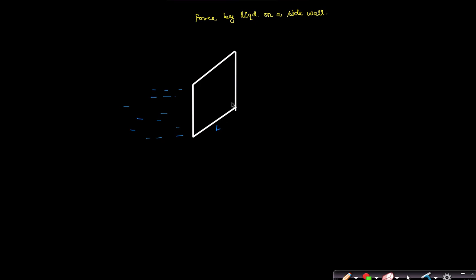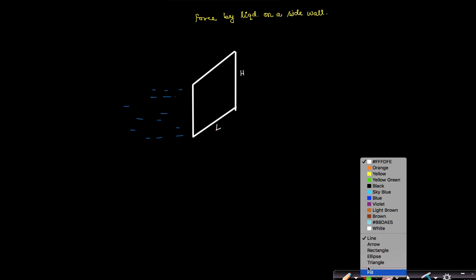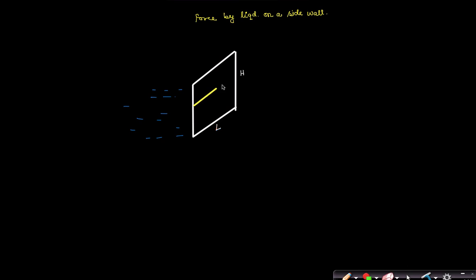Suppose this length is L, and this height is h. As the pressure changes, I will take an infinitesimally small strip. I will first find the force on this strip and then I will integrate it.